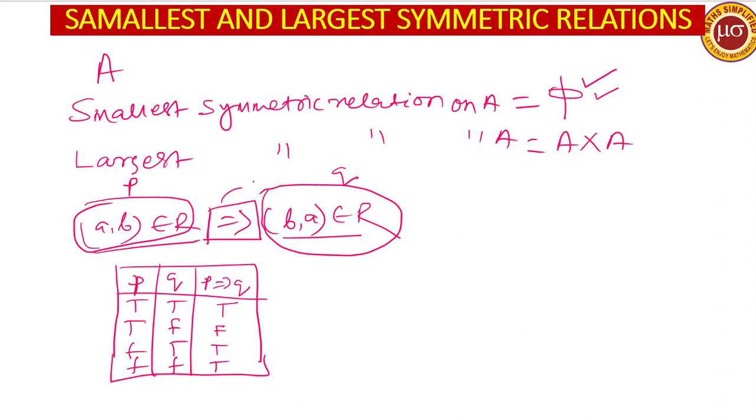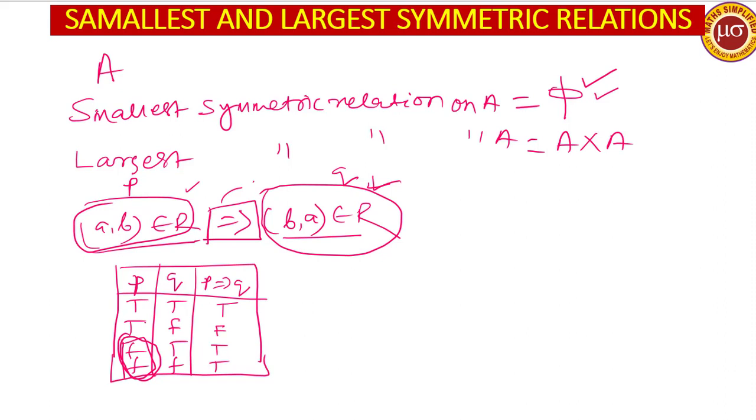Now P implies Q is true when the relation is symmetric: either P is true and Q is true, meaning (a,b) being there means (b,a) should be there, or if P is false, when P itself is false, then we do not need to see Q, we accept it as symmetric.